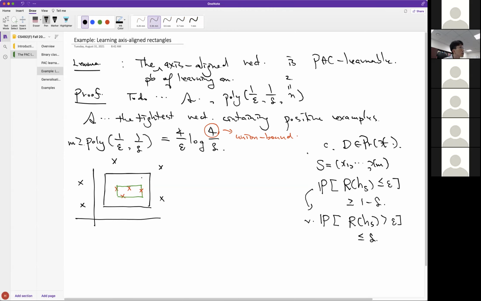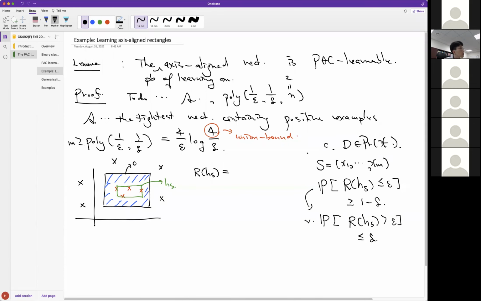In this case, this is our h_S, and this is C. These rectangles include the boundary, and the error R of h_S is going to be this region. It includes the outer boundary, but not the inner boundary. That's going to be the error.